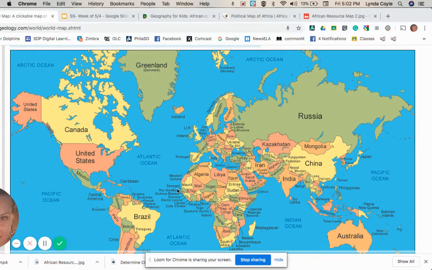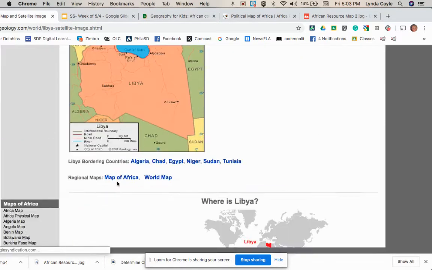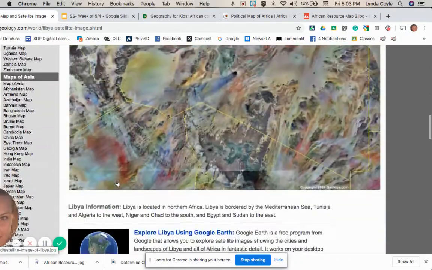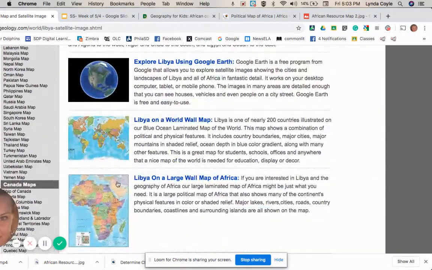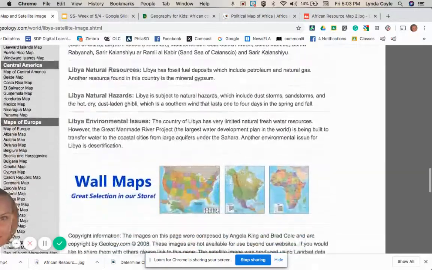What's really exciting about this map is you can click on so many different things in these places, and look what comes up. Well, my screen isn't doing it, but if you get to it, there we go. It will take you to specific information. So if I picked Libya, you'd be able to get different maps, satellite maps, Libya on a world wall map, Libya in Africa, and it tells you all the different information.